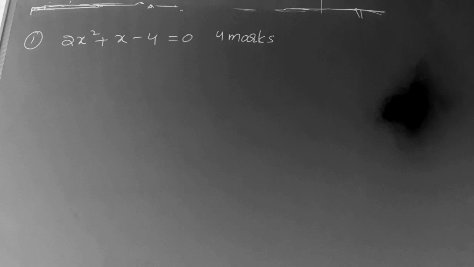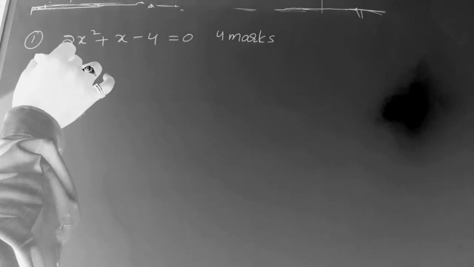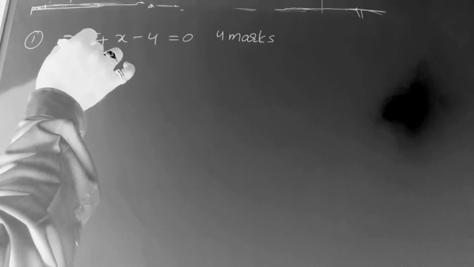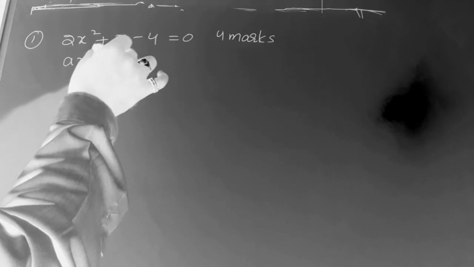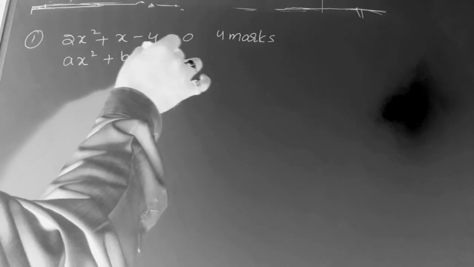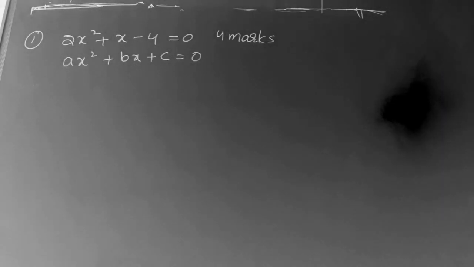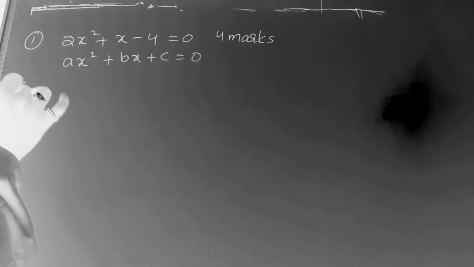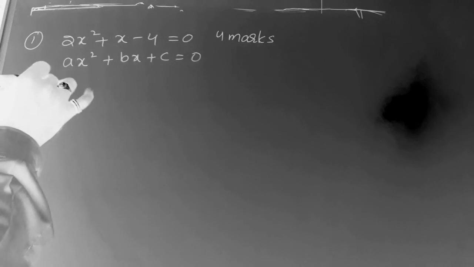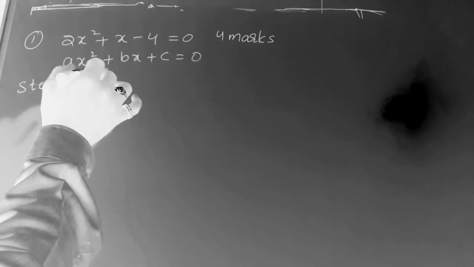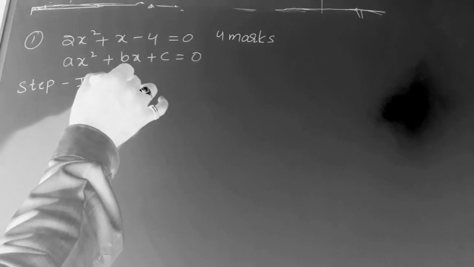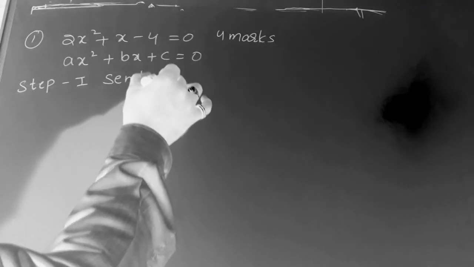So first of all, you see that it is in the standard form ax square plus bx plus c is equal to 0. So it is a quadratic equation. Step 1. What you do in step 1? Send that constant term to right side.